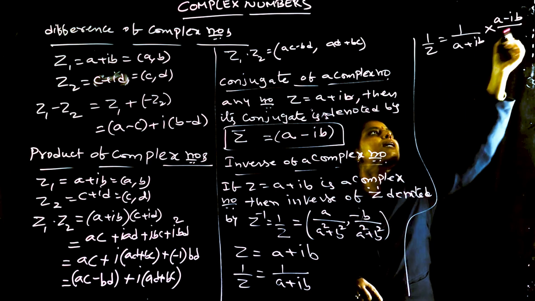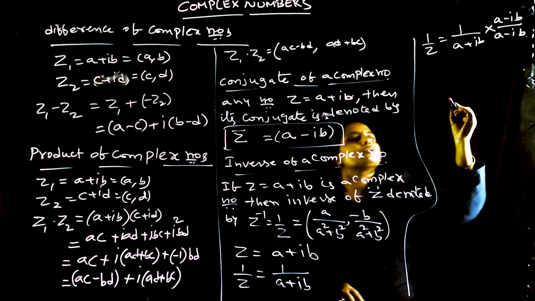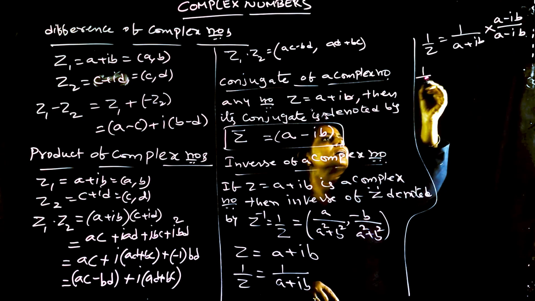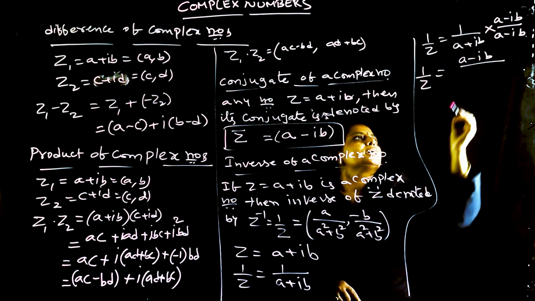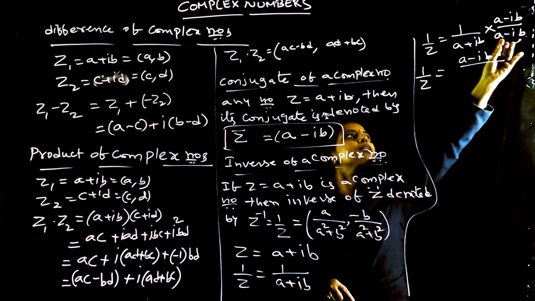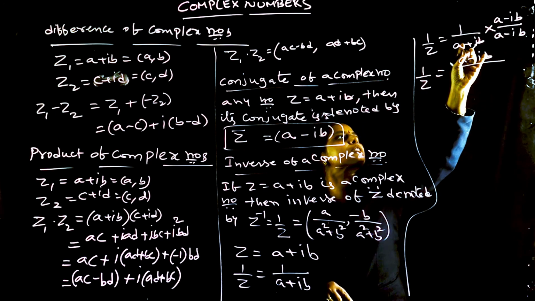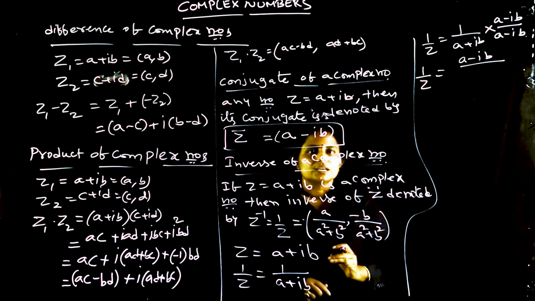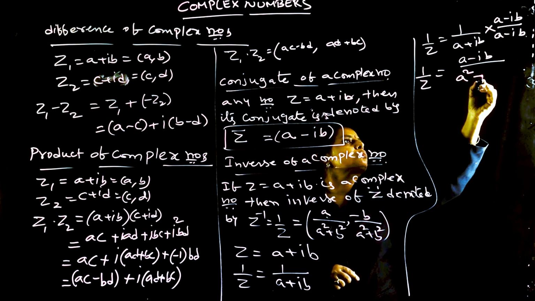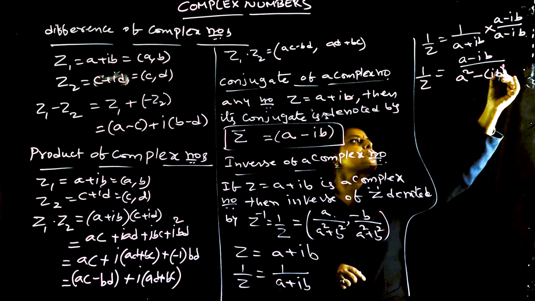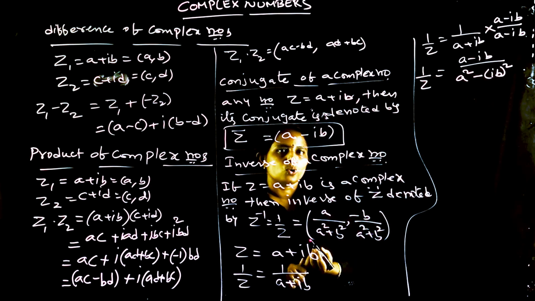A minus ib. So, multiplying and dividing with conjugate of complex number, we get, so 1 into a minus ib is a minus ib divided by, if you observe the denominators, this is in the form of x plus y and x minus y. So, x plus y into x minus y is nothing but x square minus y square. So, a square minus ib whole square.